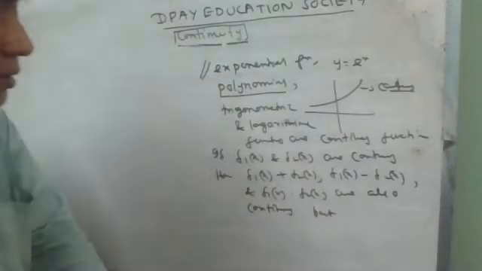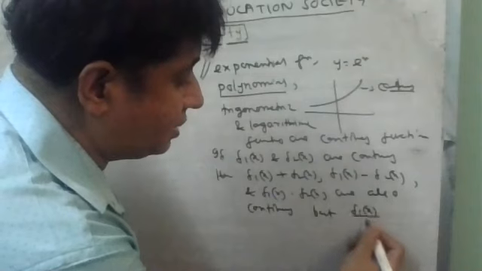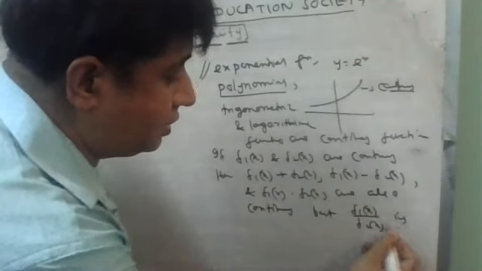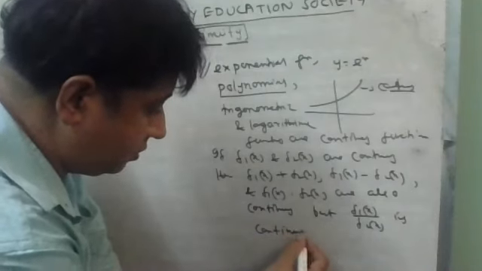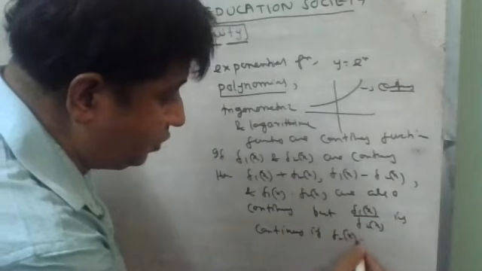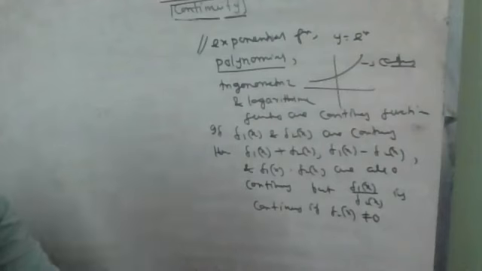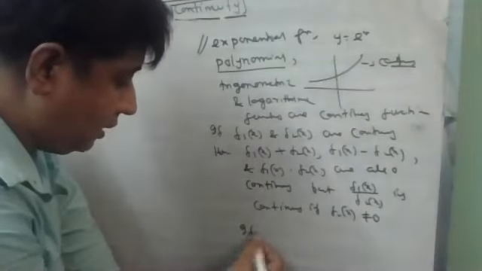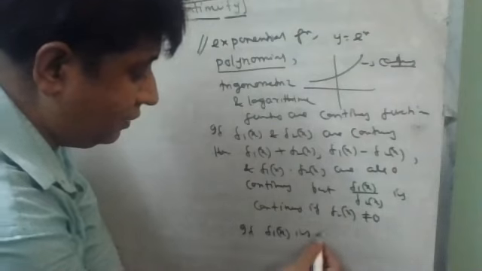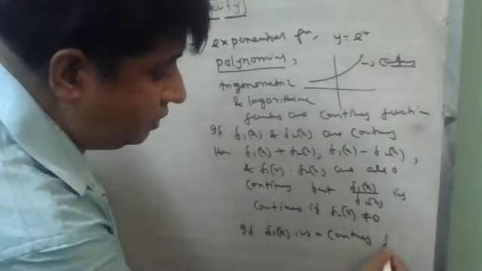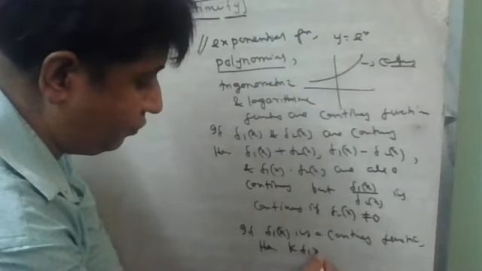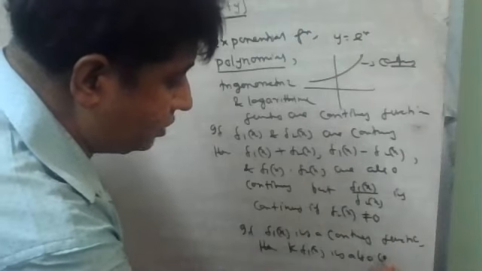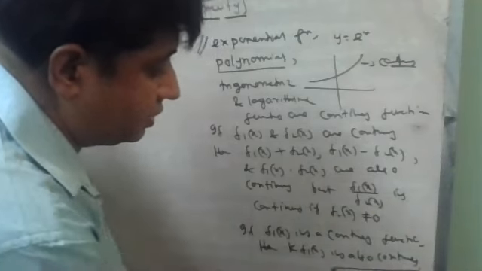But f1(x) by f2(x) is continuous if f2(x) is not equal to 0 for all real values of x. Now, if f1(x) is a continuous function, then k into f1(x) is also continuous.